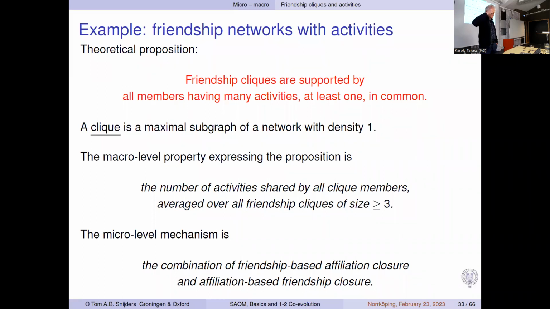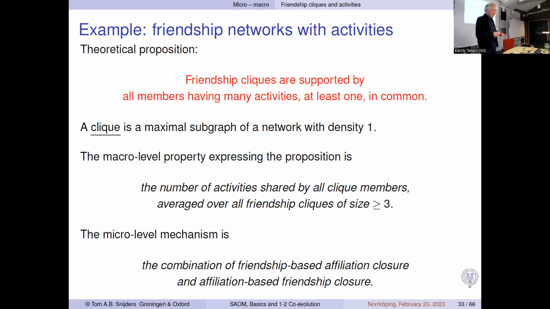I'm not going to give the numbers, because then I would have to count in my head. The definition is that a clique is a maximal subgraph of a network with density 1, and I think we are talking about directed networks. Maximal in the sense that if you add a node, it would no longer be a clique; it would no longer have density 1.